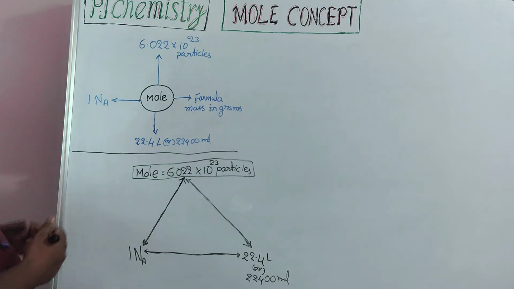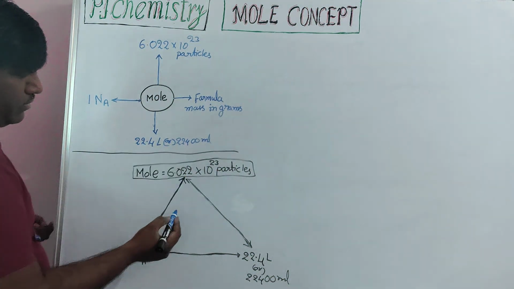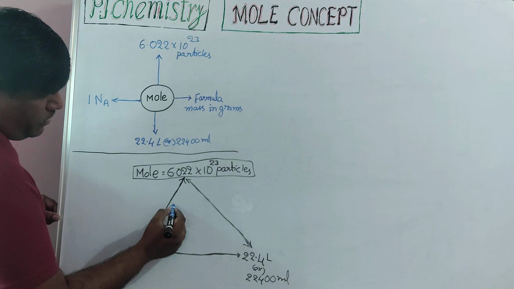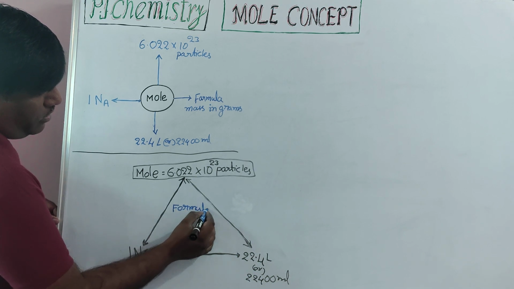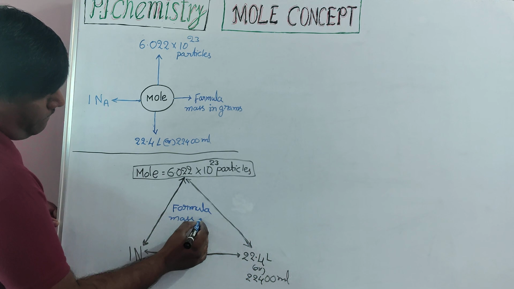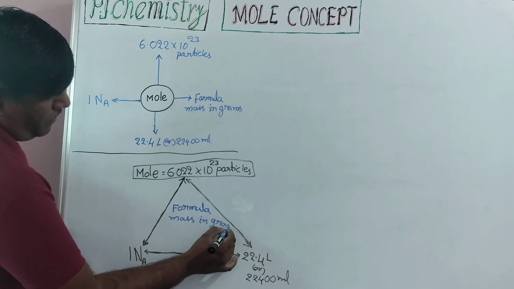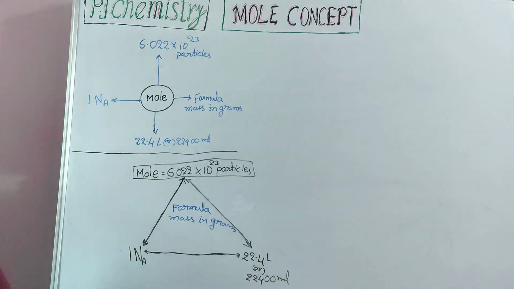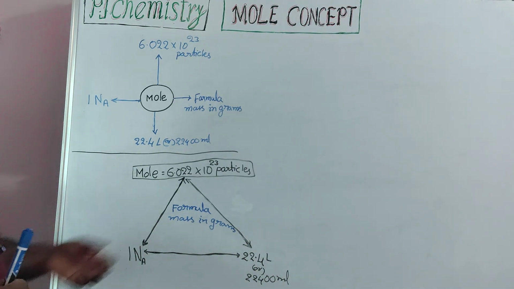You can take a formula mass in grams. You take any formula, for example CO2 or oxygen.